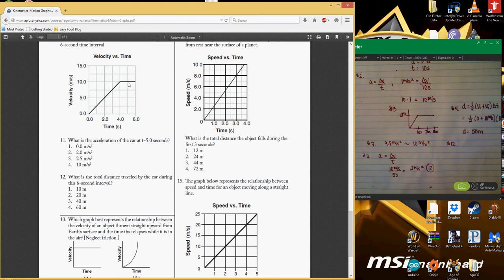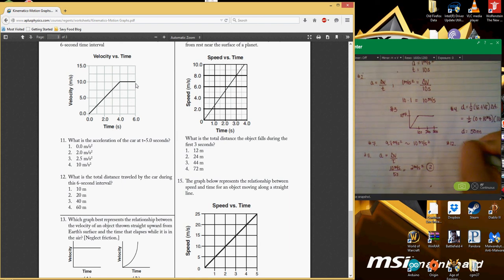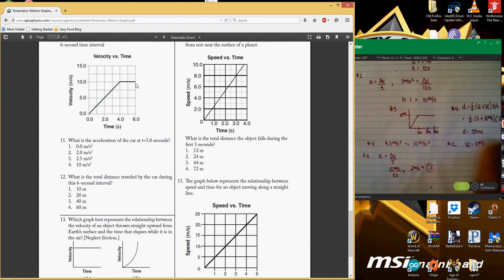I'm looking for acceleration, which is change in velocity over time. So velocity is 10 meters per second over the total time, which was 5 seconds, and that's equal to an acceleration of 2 meters per second squared. So your answer should be number 2.